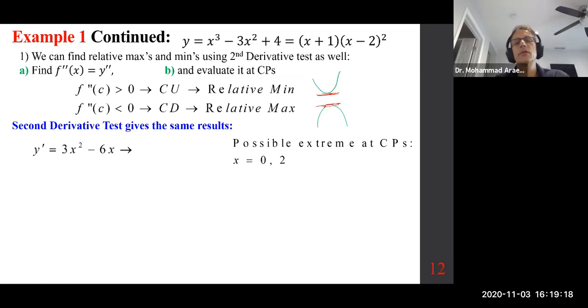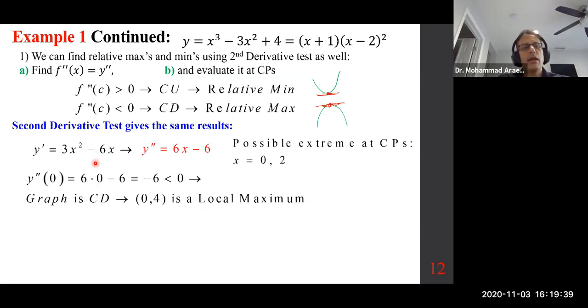If it's concave down, you're looking at the local max. So I hope you see why this is the case, okay? So let's find the second derivative. 3x squared minus 6x. Differentiation gives us 6x minus 6. Okay, class? And now we plug in.